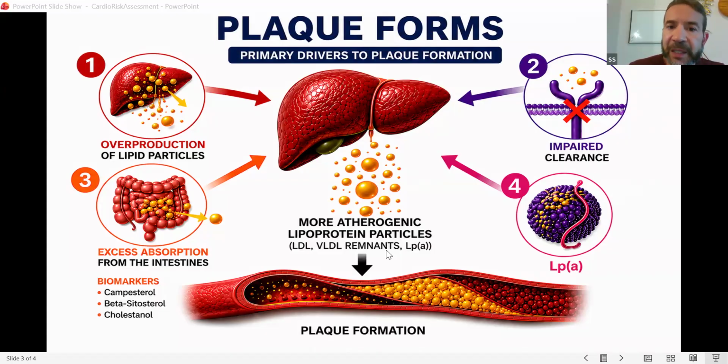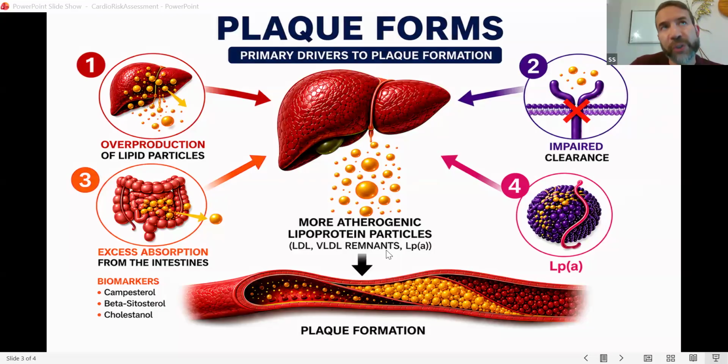When that balance is compromised, meaning production exceeding clearance, lipid particles are spending more time in circulation in the bloodstream than they should. And this increases the chance of them slipping through the artery walls and forming a plaque.